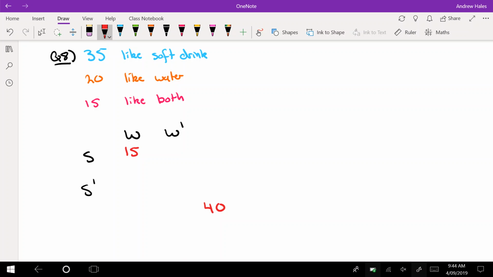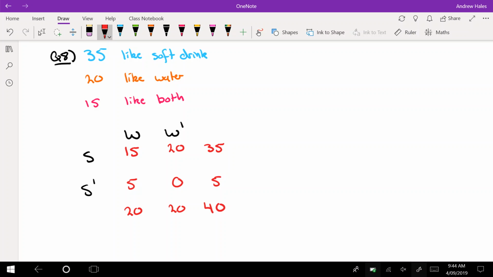We've been told that 35 like soft drinks. We know 35 should be here. We've been told 20 like water. We know 20 should be there. Then you can figure out all of this. 20 plus 20 is 40. 35 plus 5 is 40. And then it's easy enough to figure out all the rest of it. In here should be 20. In here should be 5. And what's left over? Well, no one doesn't like either of them. In here is just 0.